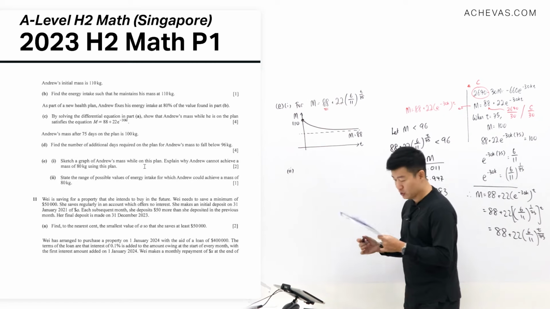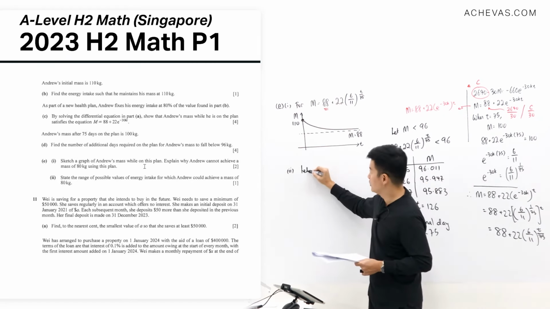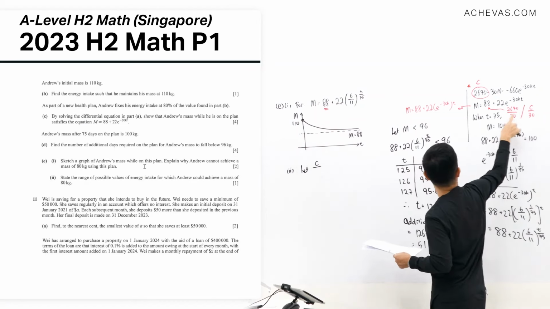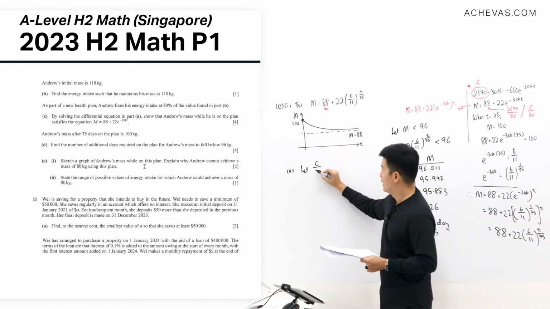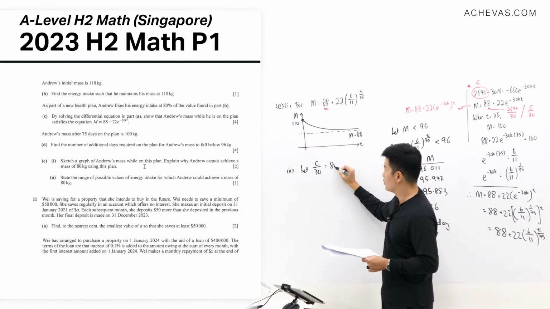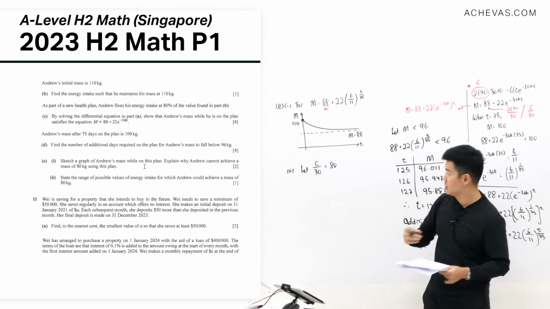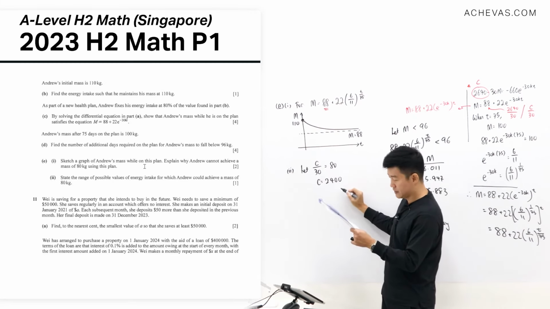So for part 2, I am going to let this number be changed to C over 30 instead of 2640 over 30. I'll let this be equal to 80 kg, so Andrew's mass can fall to 80 kg. Based on this, the energy intake here is 2400.